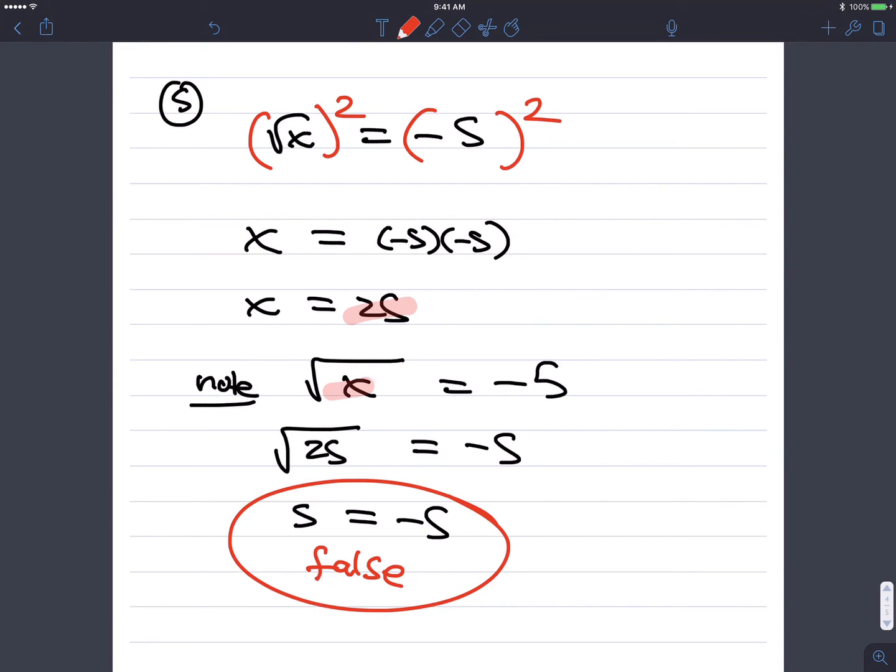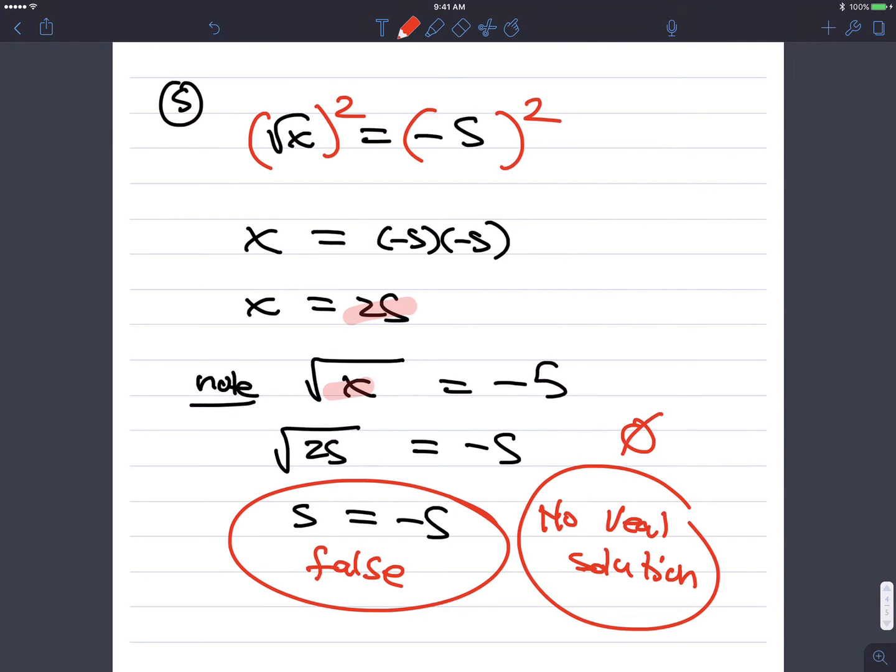Now, in an intermediate algebra, Math 125 setting, what we say in this case is there's no real solution to this equation. If you're looking back at the book, you'll see the empty set symbol representing the fact that there is no real value solution. So we're going to say the same thing here: there's no real solution.